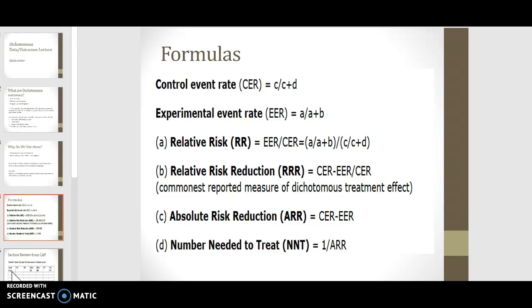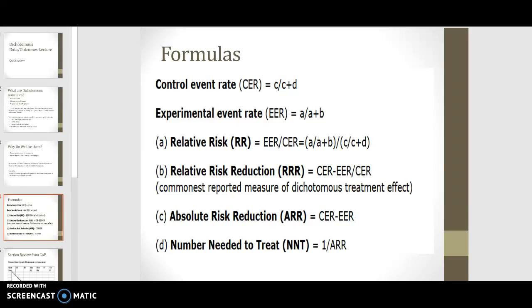So you have a control group and you have an experimental group or a non-control group. And the experimental event rate is the measure of how often a particular statistical event, like death, if we were measuring mortality, occurs within the experimental group.